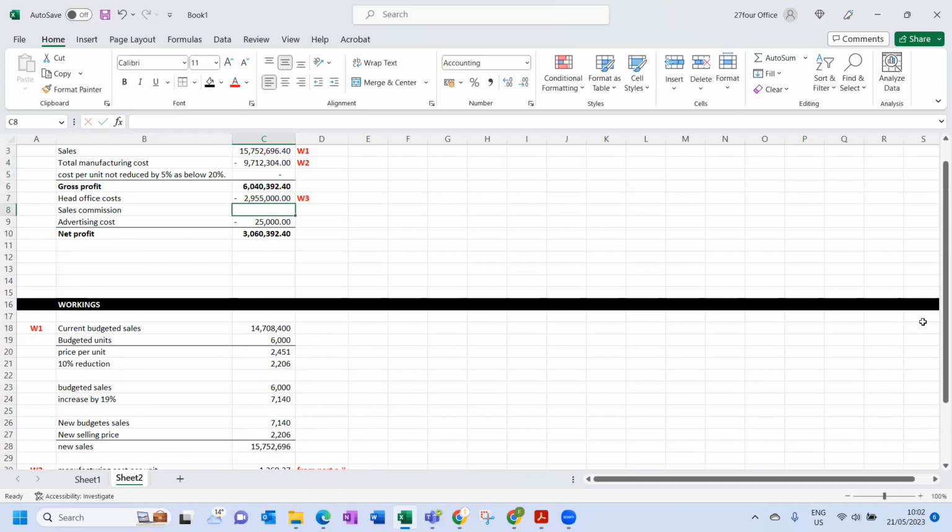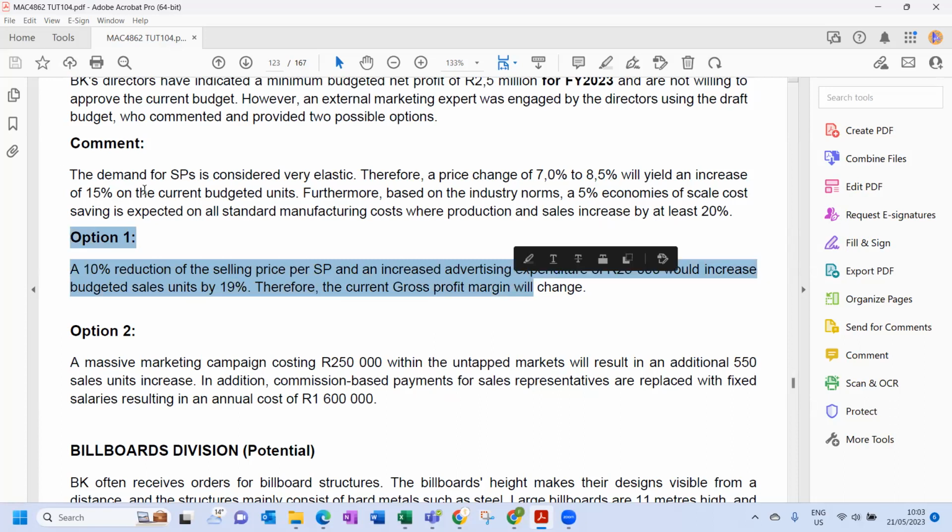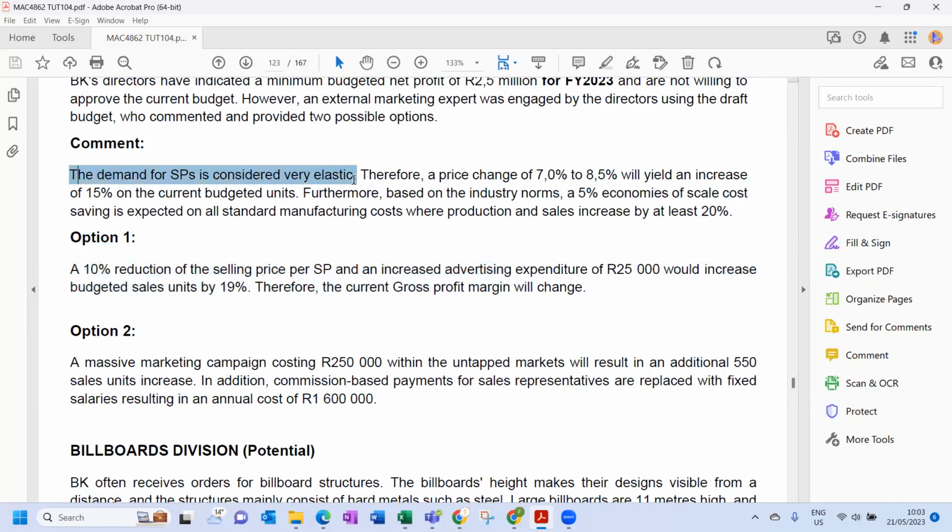Then we have sales commission. What was budgeted for? Let's go back to the question. In option 1, we took into account the reduction, the additional units, and the 25,000 Rand, so we're happy that everything over here is accounted for. We could not apply the 5% because the increase was less than 20%.